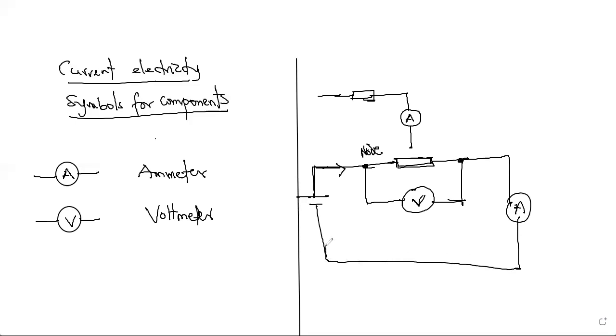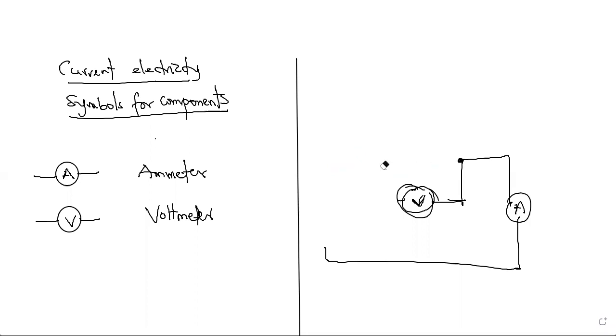Let me complete the circuit. That's what we want: the current to go like that. We don't want the current to branch here and flow through the voltmeter. That's why the voltmeter will usually have very high resistance in principle. That was a quick digression there.